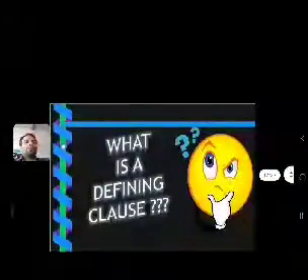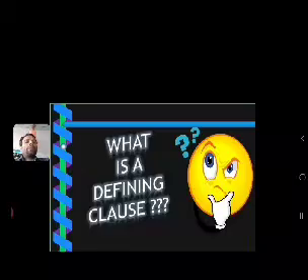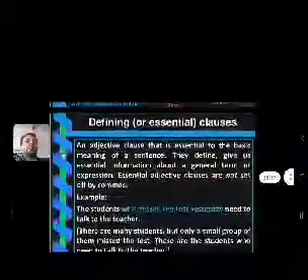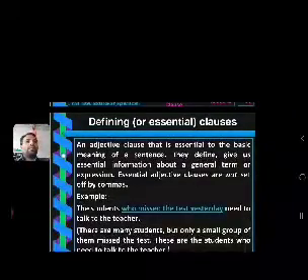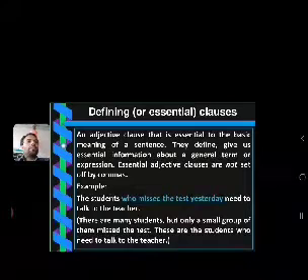So then, what is a defining clause? Let us see defining clauses. A defining or essential clause is an adjective clause that is essential to the basic meaning of a sentence. They define and give essential, that means important, information about a general term or expression.